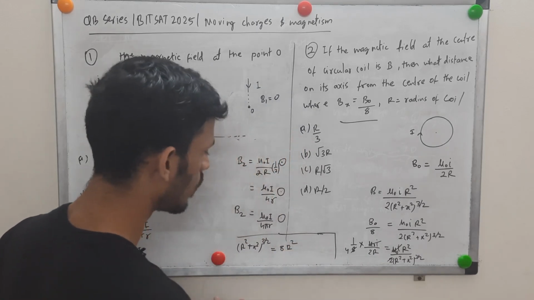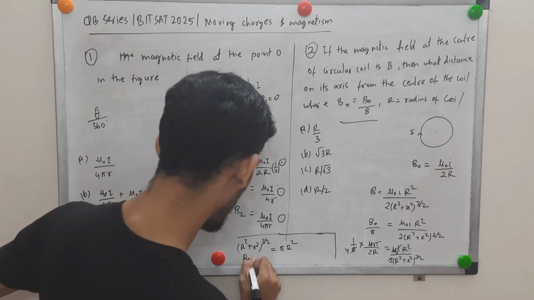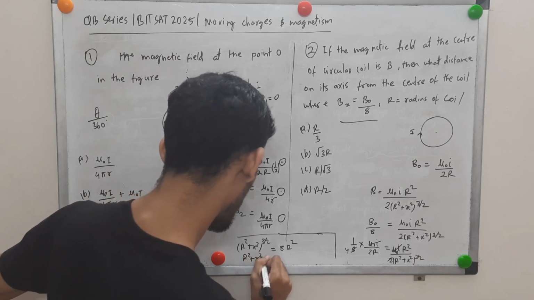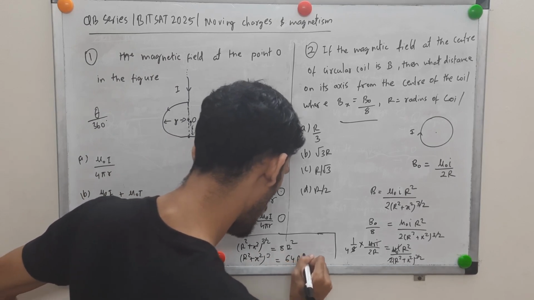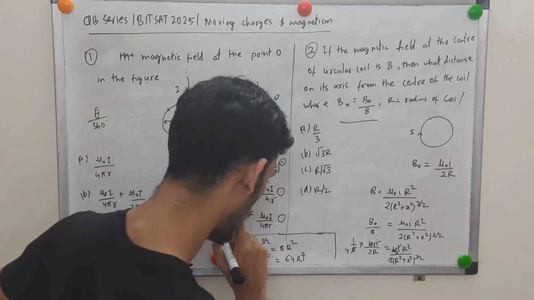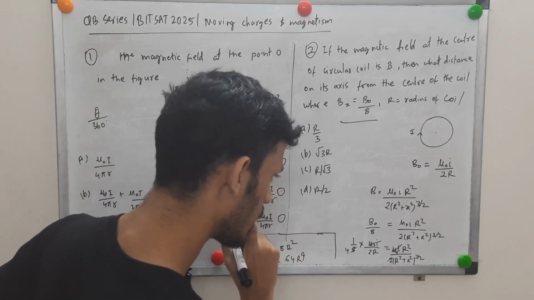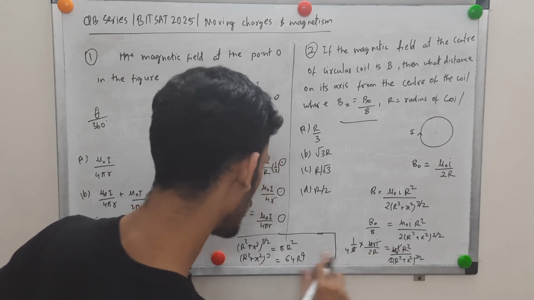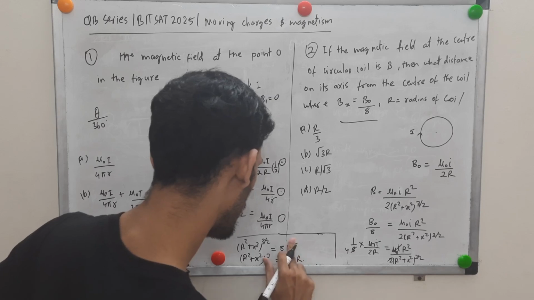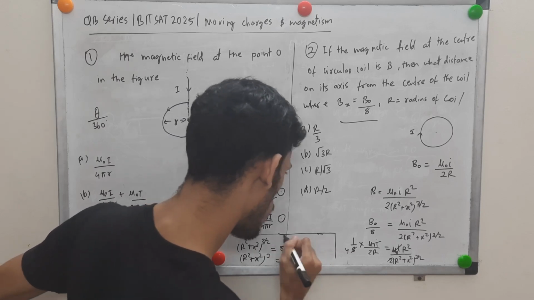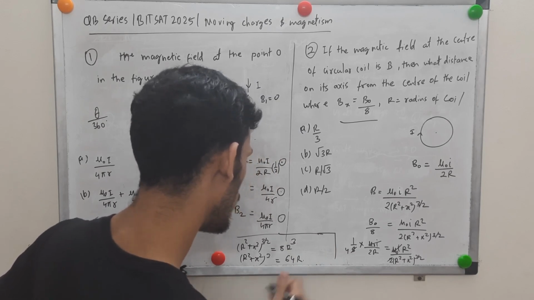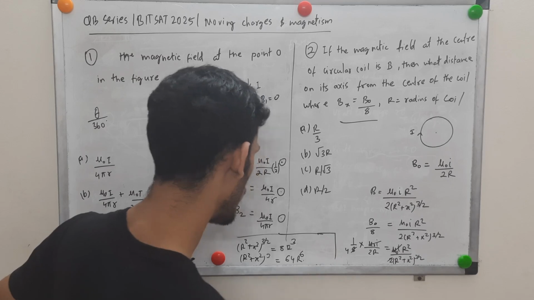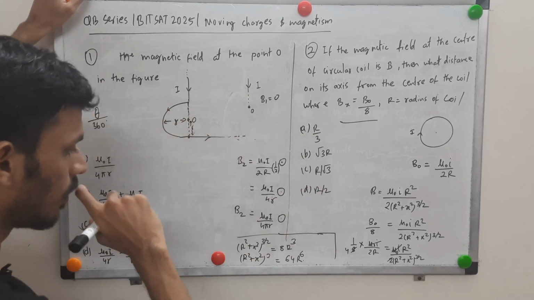Okay, we can square on both the sides, so r square plus x square the whole cube, so this is 64 r, we have squared it, so r to the power 4, right? I'm doing some mistake. Okay, this r goes over there, so this becomes r cube, right? So when we square it, it becomes r to the power 6. Okay, you just have to be careful with it.